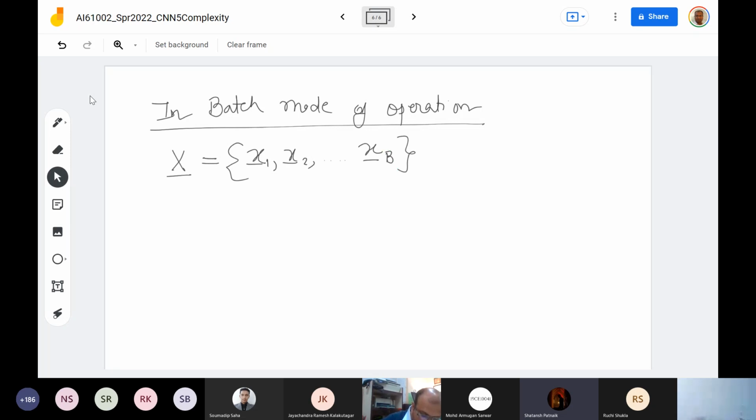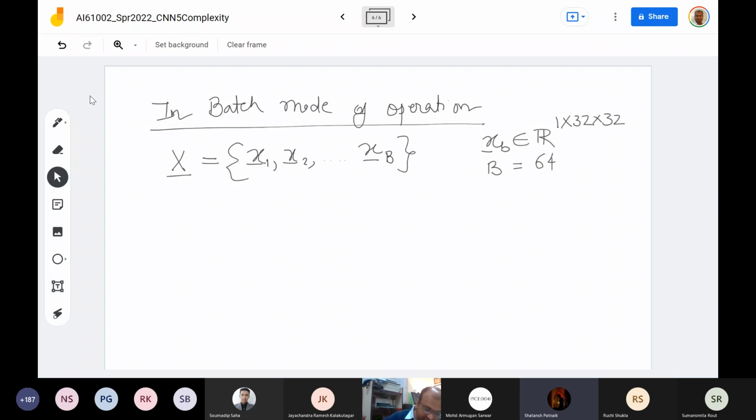Now each of these small x_b belongs to the same thing, say 1 cross 32 cross 32. And capital B is some number. So say B is equal to 64.